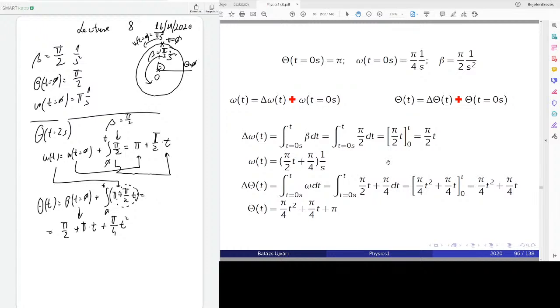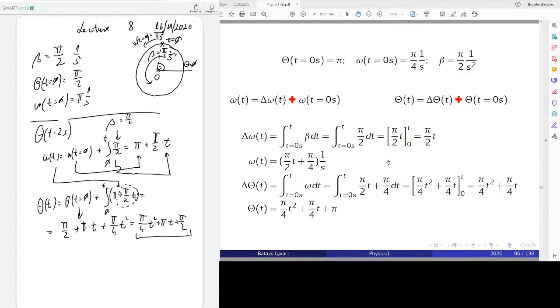I prefer to use the order by decreasing power of t, so it's pi over 4 t squared plus pi t plus pi over 2. So this is how the angular displacement depends on time.